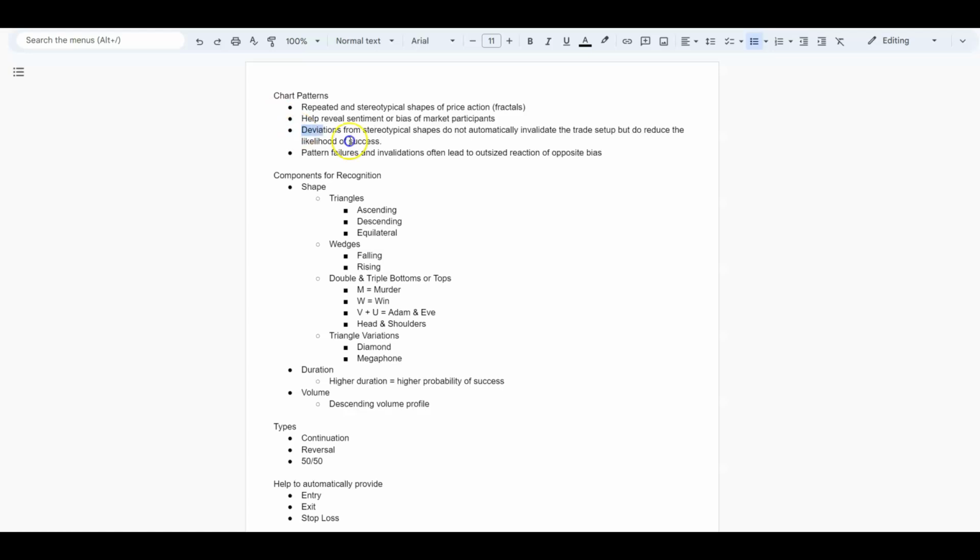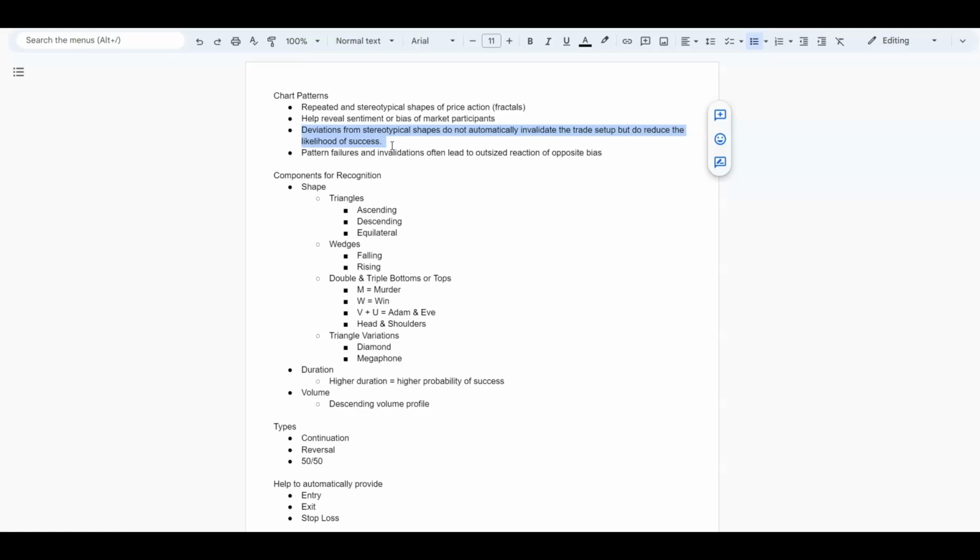And this is also another important point that people often fail to understand, especially if you're newer, and it is harder to grasp where the boundaries of these invalidations are, but deviations from a stereotypical pattern or a stereotypical volume profile does not automatically invalidate the setup, but it does reduce the likelihood of success. I'll talk about this more down the line.